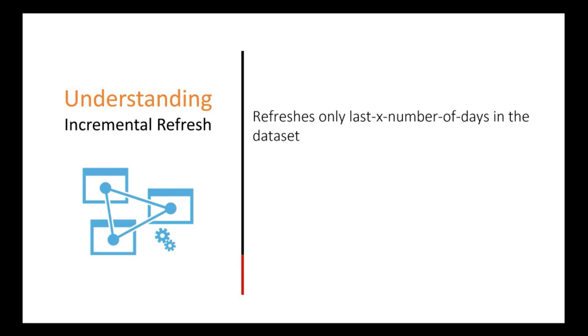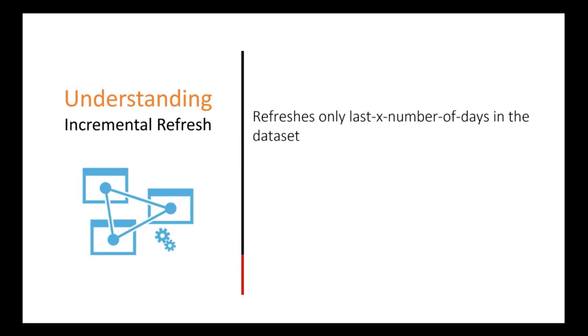Now, whenever you want to get new data, you can configure incremental refresh saying, okay, do not refresh the entire data set. Do not take all 10 million records from my data source. Just go through my data set, find records related to the last 5 days, 3 days, 7 days. You can define it and then basically replace existing records with those extracted records. So that is incremental refresh.